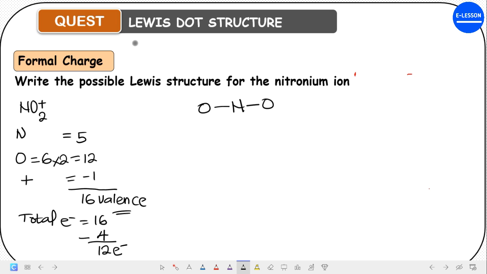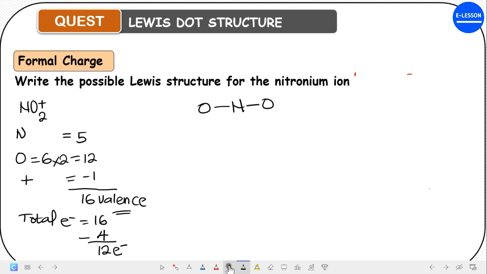Then for oxygen, it needs to complete 8 electrons as its octet. The only atoms that need just 2 electrons are hydrogen and helium, and helium already has 2 electrons, so there's no need. Helium is a noble gas. It doesn't go into this kind of bonding. Is that okay?